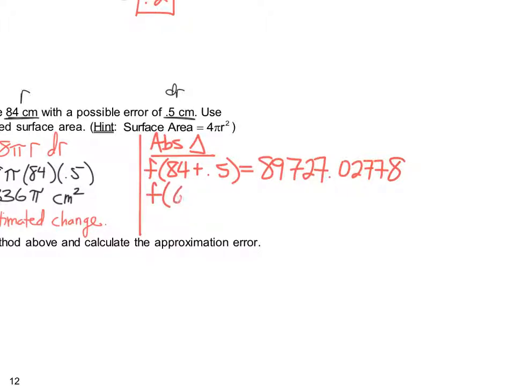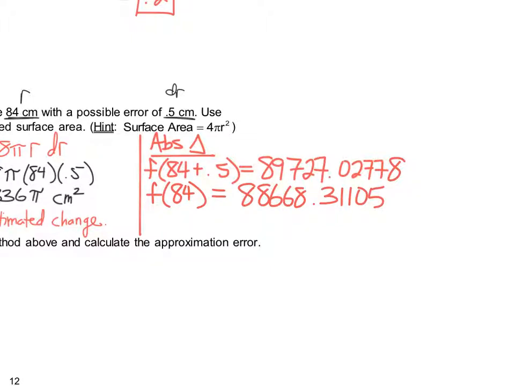Then we would just need the f of 84. So a little copy paste action. Get that. So 8866. Oh, that's not right.